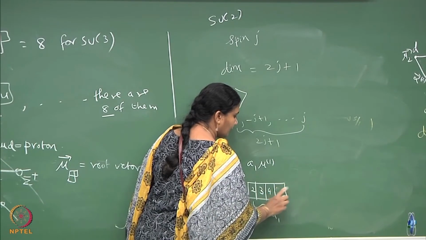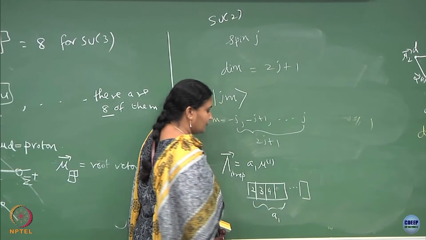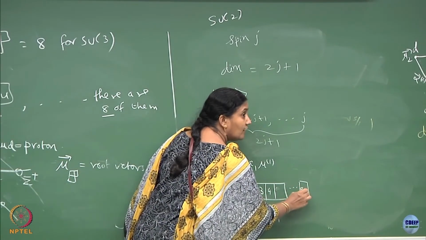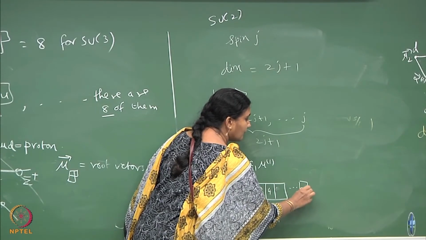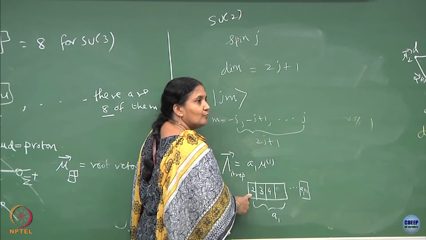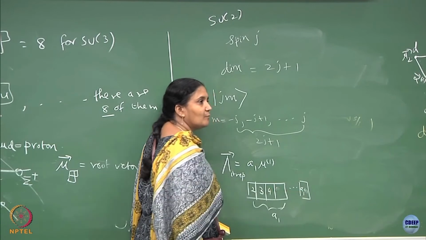Somebody? What will the last box be? A1 or A1 plus 1? The first box is 2, the second box is 3, the A1th box has to be A1 plus 1.